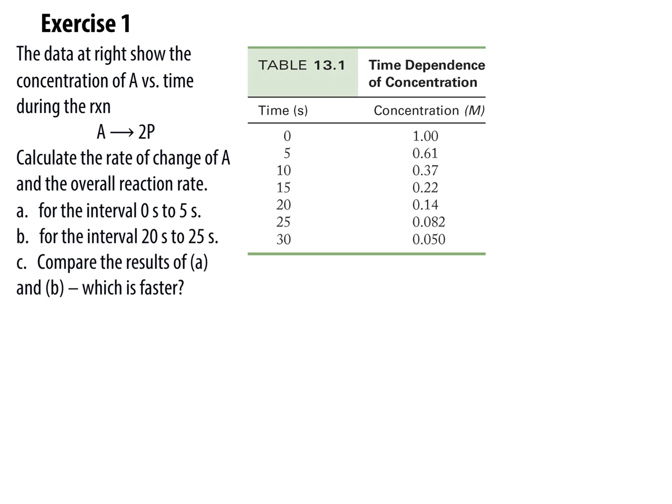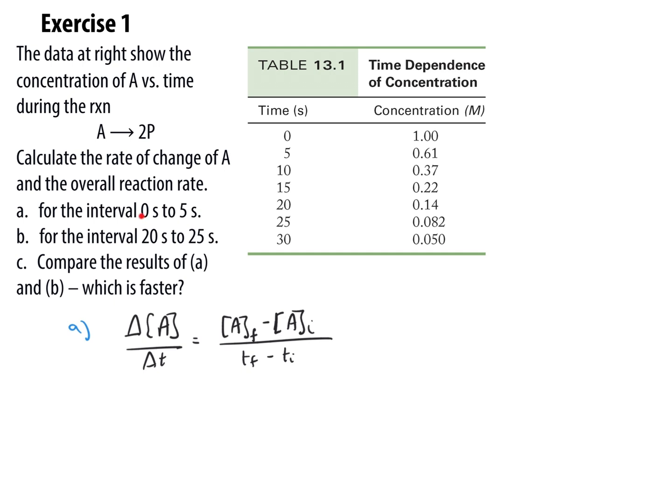So for the interval 0 to 5 seconds, we're going to use the definition. The rate of change of A means delta A over delta T, which is A final minus A initial over T final minus T initial.